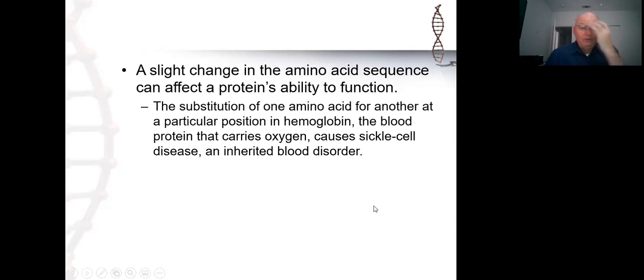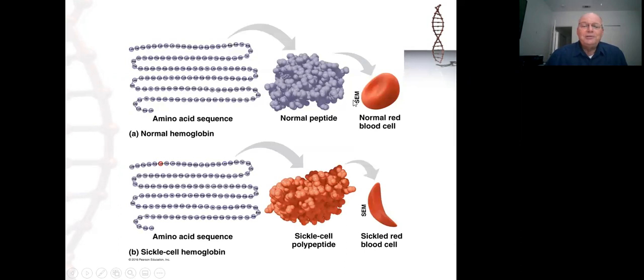So we've talked about hemoglobin being formed from 4 polypeptides. Here you can see the normal polypeptide. Some of you may be familiar with a disease called sickle cell disease. In sickle cell disease, one of the 2 polypeptides, the beta polypeptide, has a change in amino acid at position number 6.